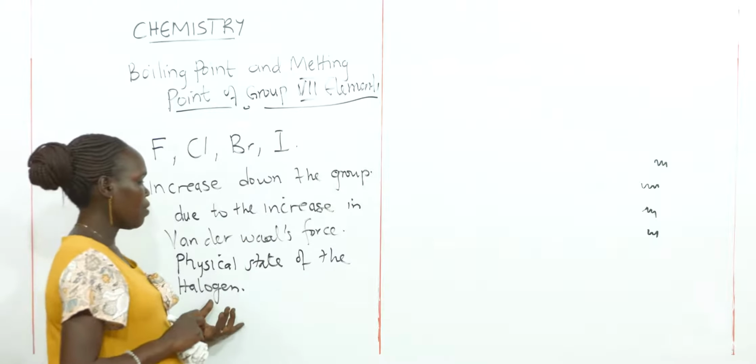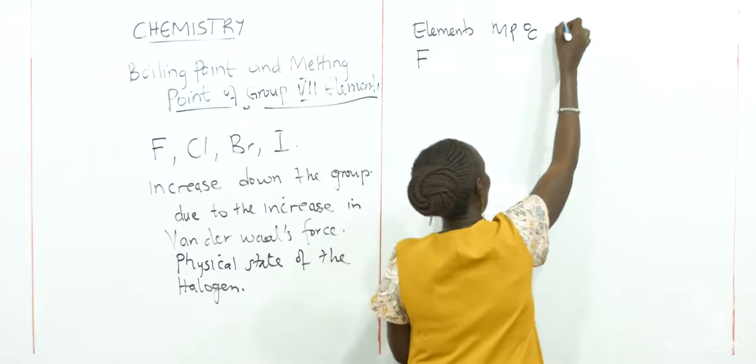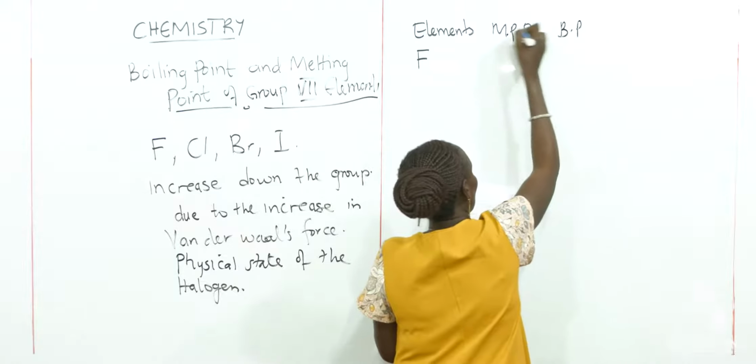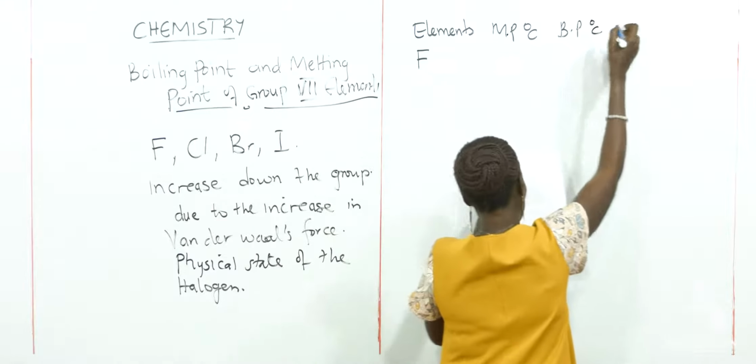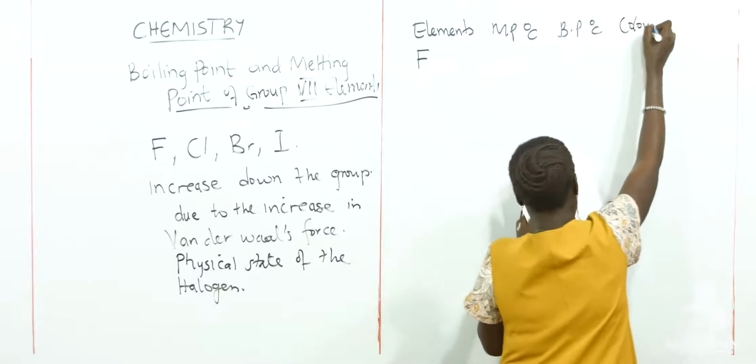Let me put here elements. Then we have melting point, in degrees centigrade, boiling point, also in degrees centigrade, and the color of these elements and the physical state.